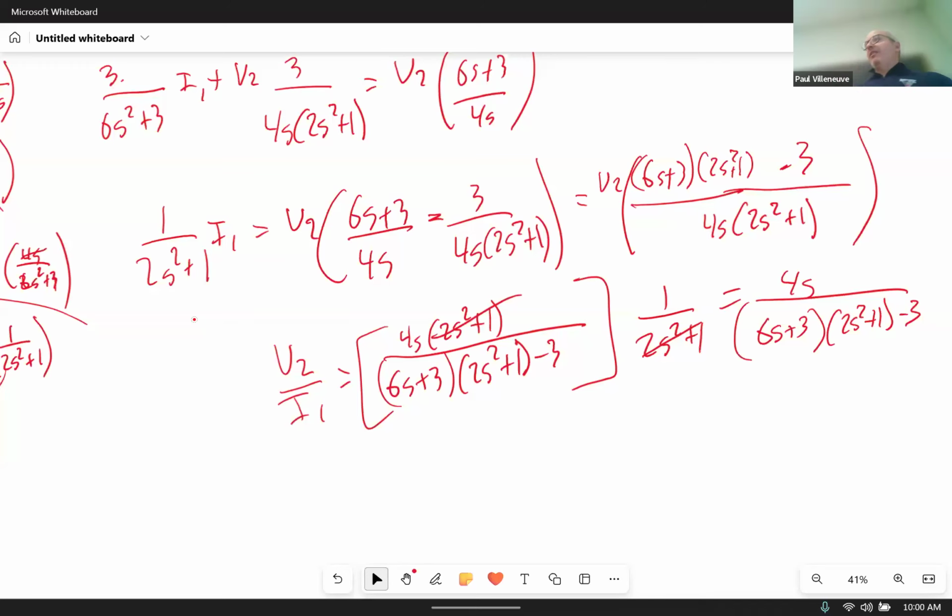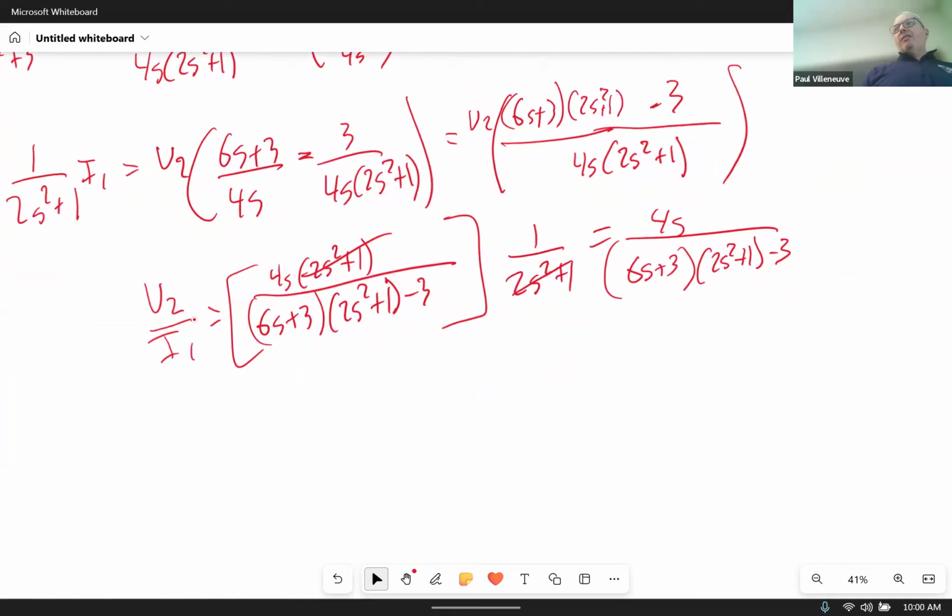Do you want to see me expand it out and FOIL it, the whole full Monty, or not? Sure. All right. So that is equal to 4s. So I have 12s cubed, right, when I FOIL. And then I've got 6s squared. So then I have plus 6s squared for the inner.